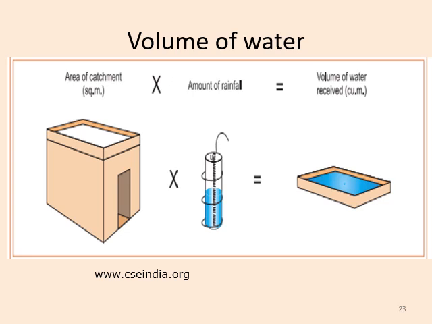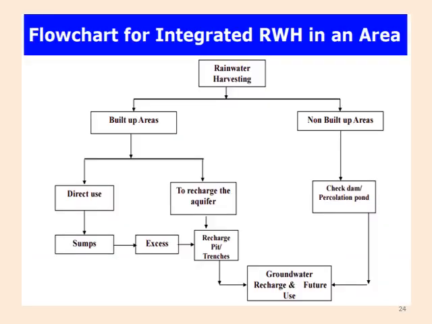In the diagram, the area of the catchment in square meters times the amount of rainfall gives the volume of water received in cubic meters. The flow chart shown here is for integrated rainwater harvesting in an area. Rainwater harvesting methods are basically classified for built up areas and non-built up areas.